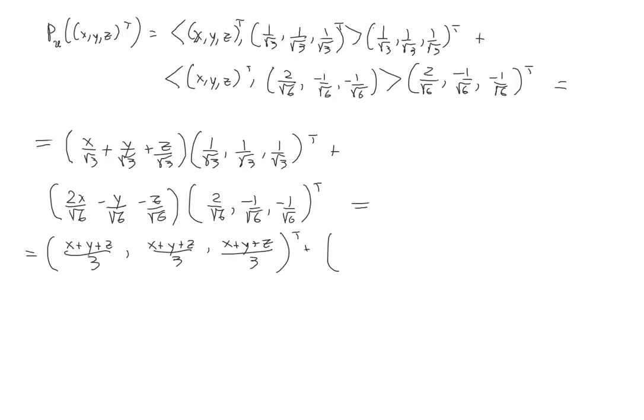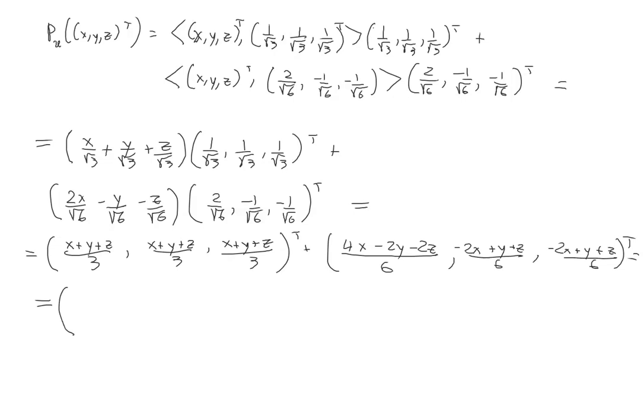I get (4x minus 2y minus 2z) over 6, and then (minus 2x plus y plus z) over 6, and (minus 2x plus y plus z) over 6. Add them together.